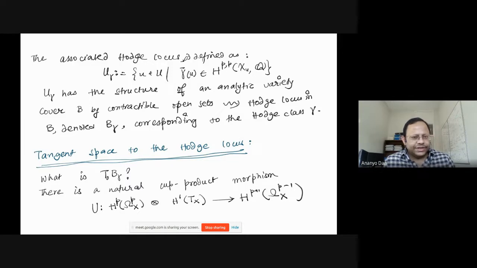Then you can cover B with small contractible neighborhoods, and on each of these neighborhoods you will get this U gamma, and they will all glue together to form this Hodge locus in this big variety. So this gives us the Hodge locus.